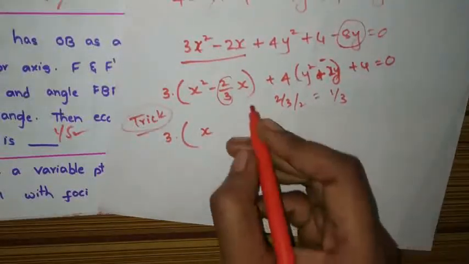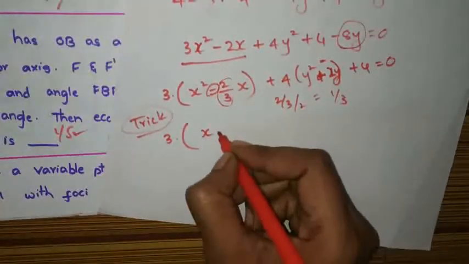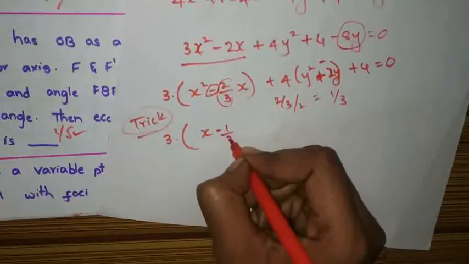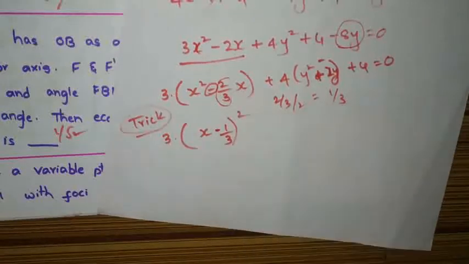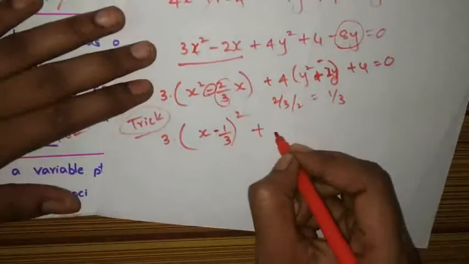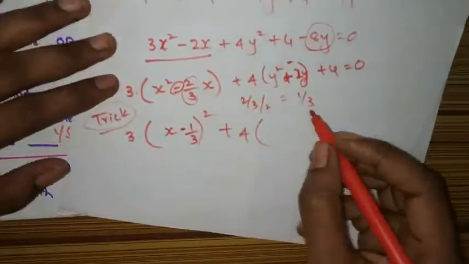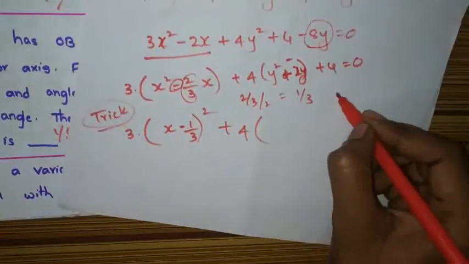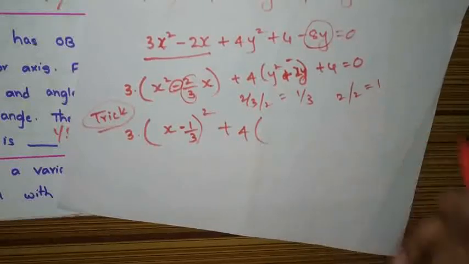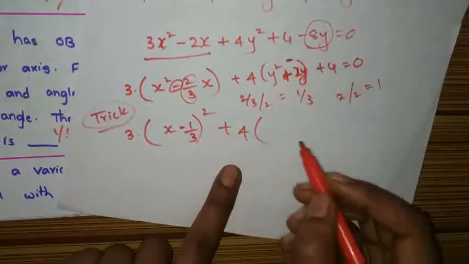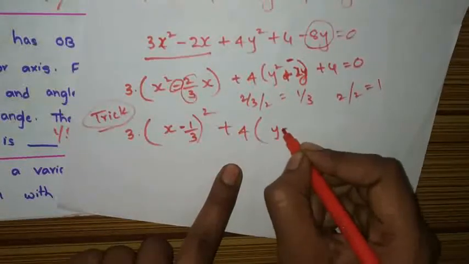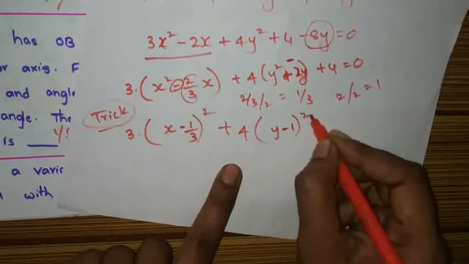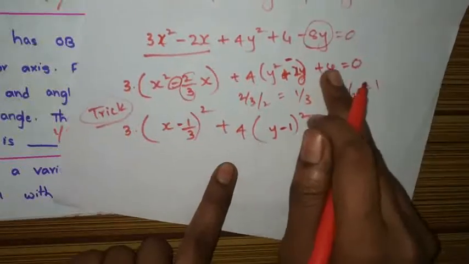Whatever the symbol you have, minus, so minus 1 by 3 whole square. Now do that here also. The coefficient of y is 2, so take half, it will become 1. So what is the symbol here? Minus. Y minus 1 whole square.